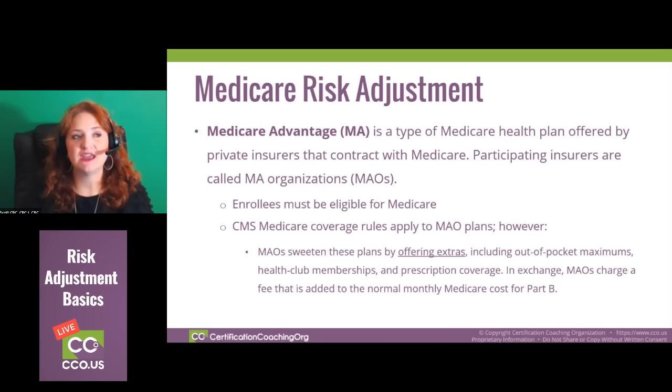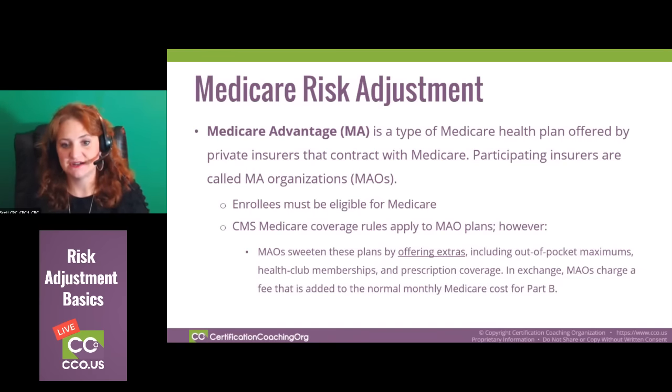Some of the extras are they will pay for you to have a gym membership or the community health club, especially for older patients, where you can go and take Zumba classes or walking clubs and talk about nutrition and stuff like that. So they add those as incentives, because if you're going to join our MAO, like say United Healthcare, then you can get these in addition. Little perks will be covered.